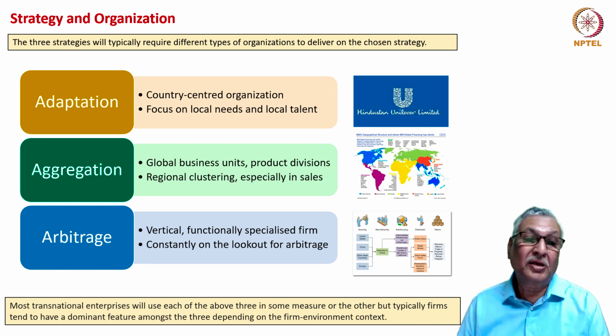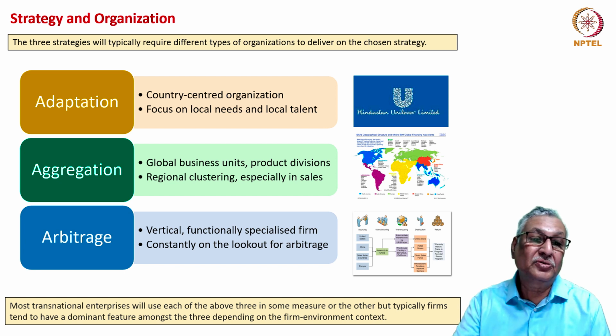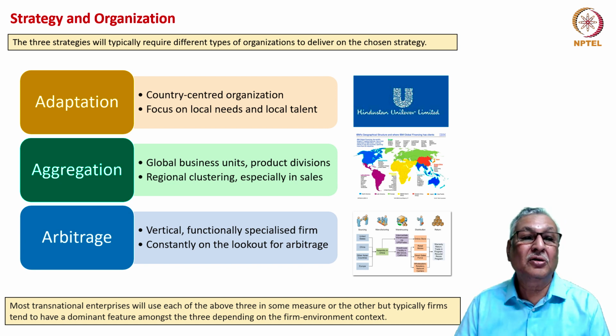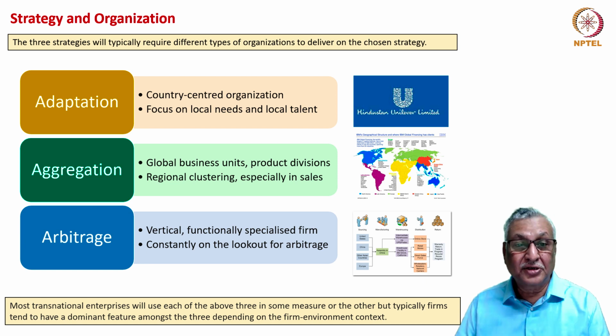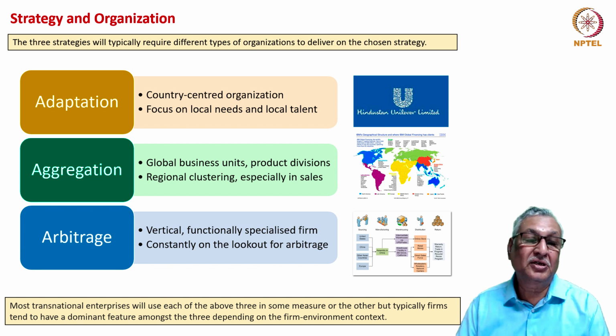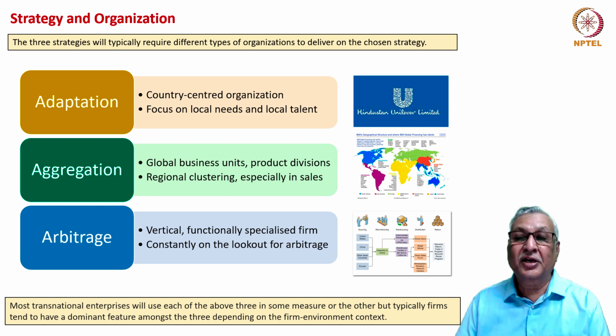That is done even by Indian companies when they try to work in the developed world or other emerging markets. It is important for countries and companies to recognize that the full benefit of globalization occurs only when the local conditions are integrated with the network of the company. So this is adaptation.